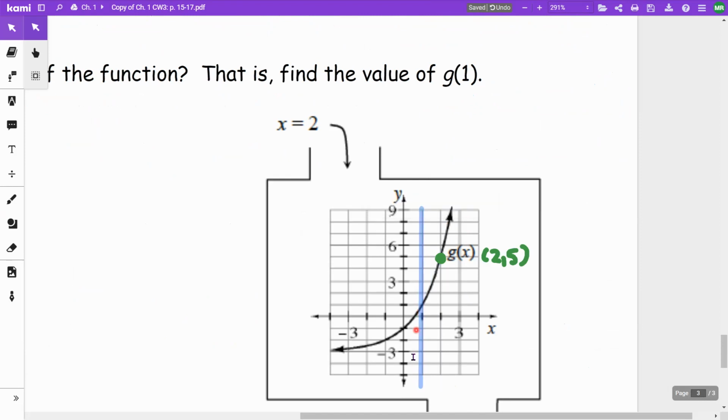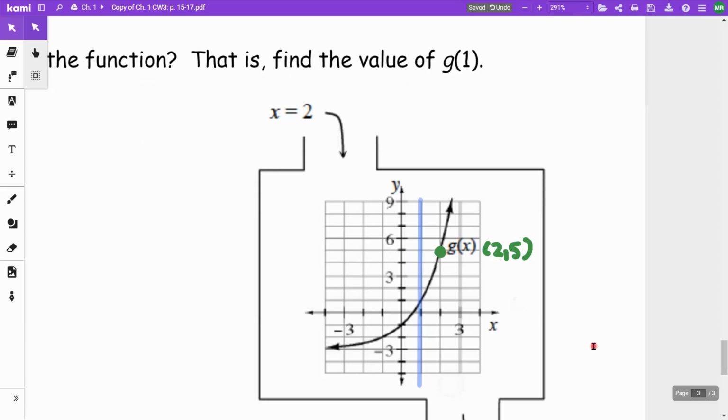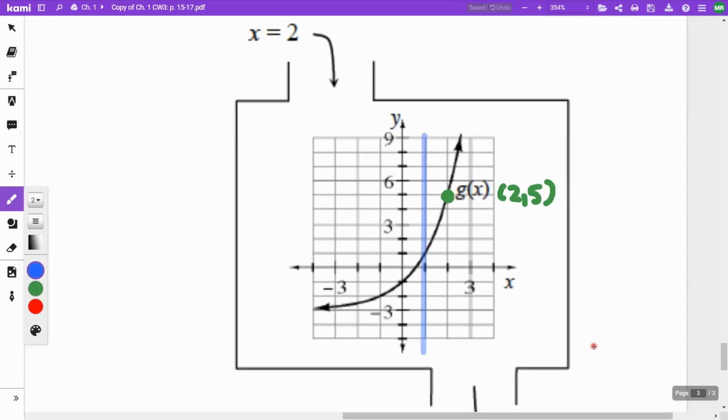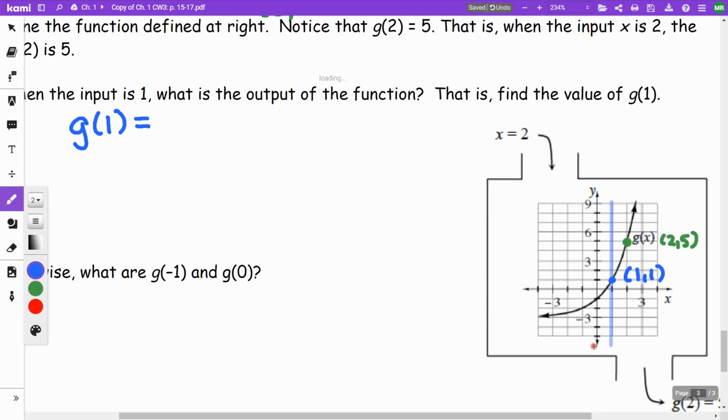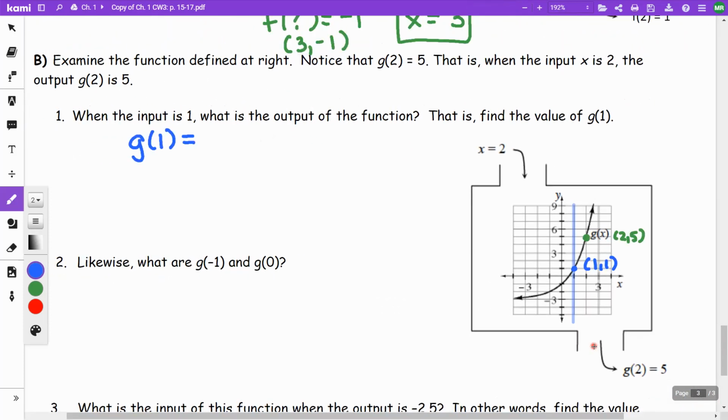This is where my x is 1. You'll notice that it hits the graph right here, and so that point's going to be 1, comma 1. So when my x is 1, my y is 1. So g of 1 is 1.